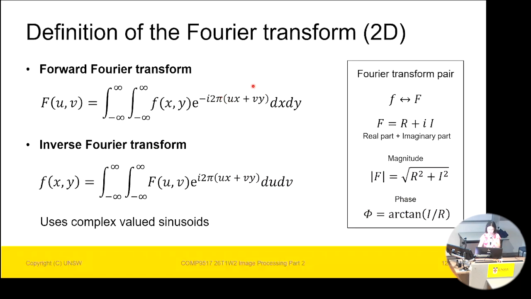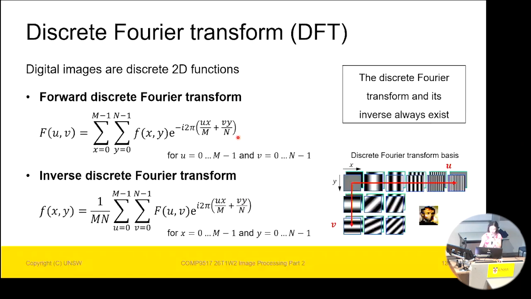But now we are replacing this part with an M and N term there. So M means the dimension in the x direction. So x can range from 0 to M minus 1, and y from 0 to N minus 1. So this M and N essentially means the image size is M by N pixels.